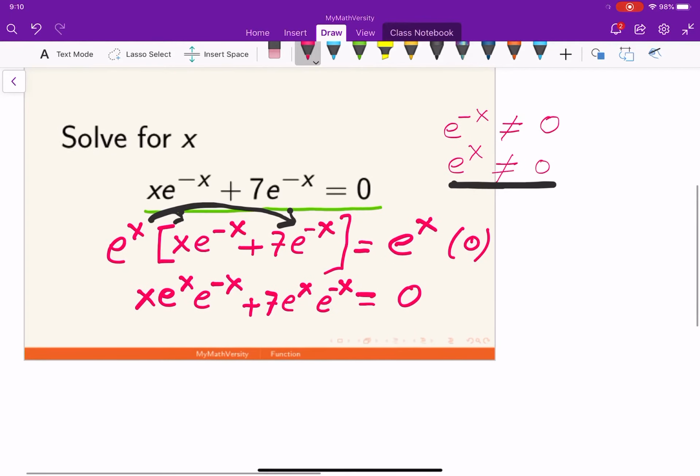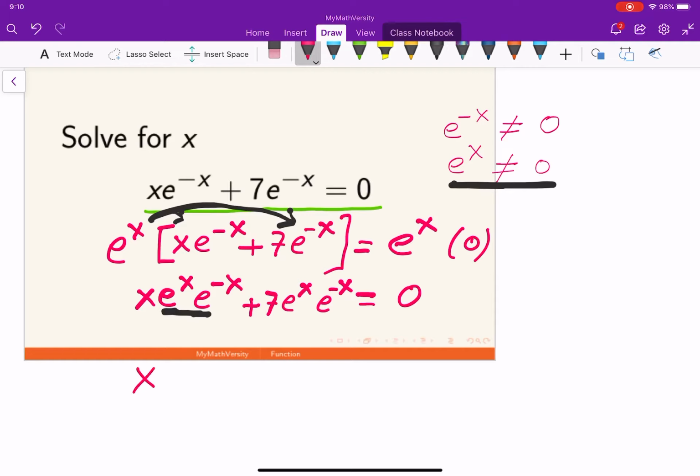Now we can use one of the exponent laws. If we have e to the power x times e to the power minus x, since they have the same base, we can combine the powers. That's how we can use the exponent law.